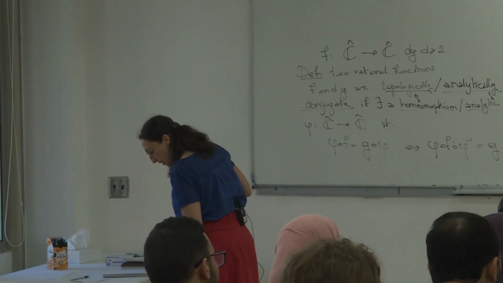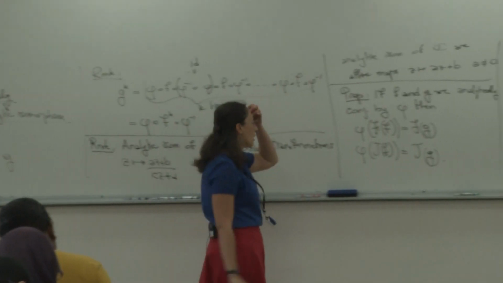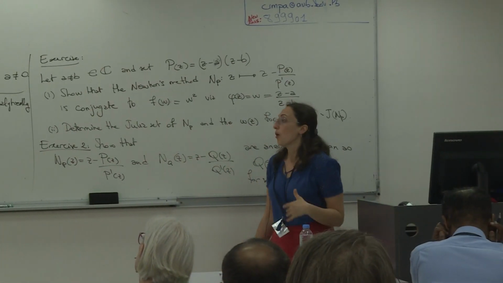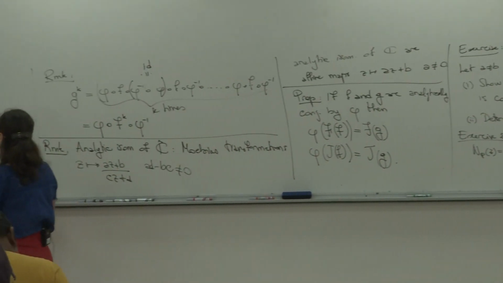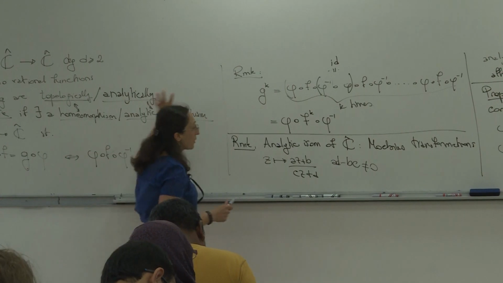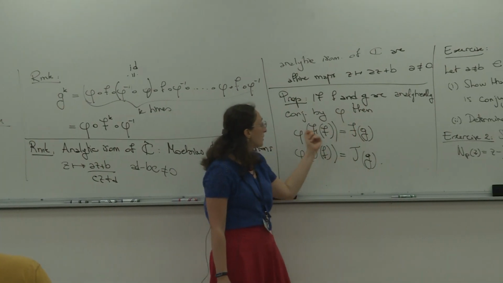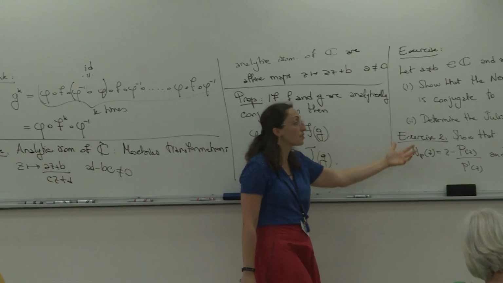So now that we talked about conjugacy, why is this interesting? Because with this definition, it makes it easier to compute the Julia set or the Fatou set for maps that are conjugate to simpler maps.